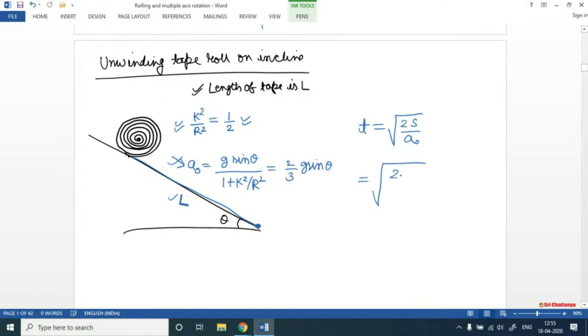And s would be simply L over here, and a naught, as we have already derived, is equal to 2g sine theta by 3. So that is simply 3L by g sine theta. Okay, so this was one interesting problem.